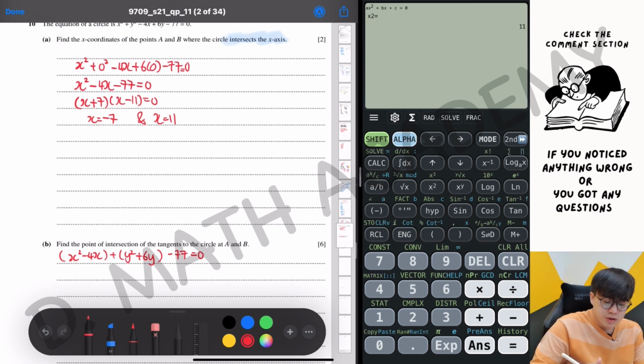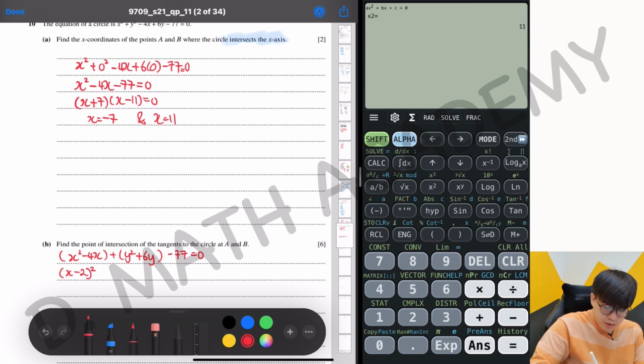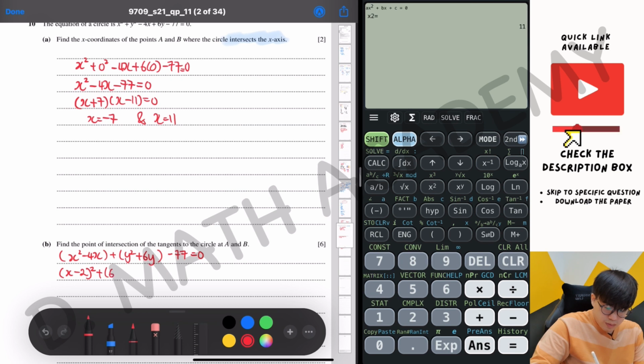So if I were to complete the square here, I would actually get the results of x minus 2 squared plus y plus 3 squared.